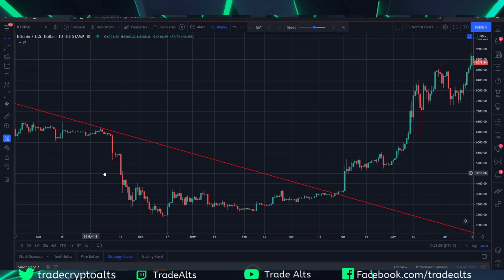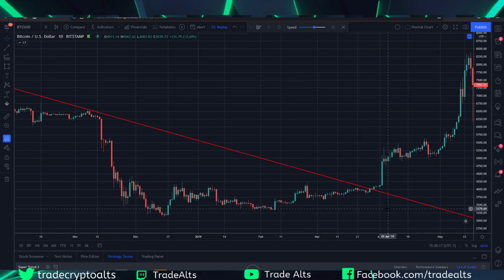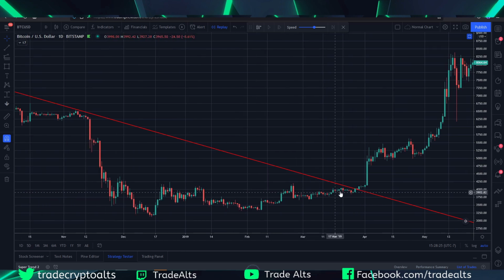So what do you notice about that? The trend line continues. The next time that price comes up to meet this trend line, you can see that this trend line ends up getting broken. And for those of you who were trading in 2018, 2019, you would know the significance of this general area that we came out of.